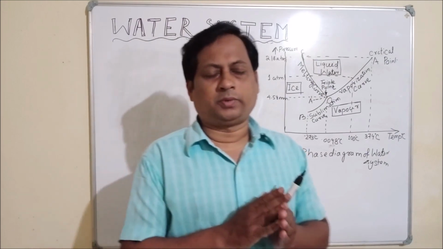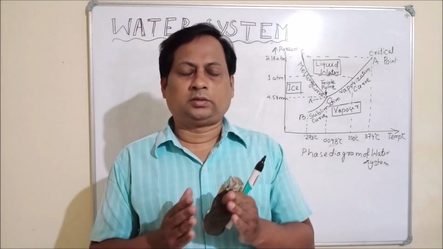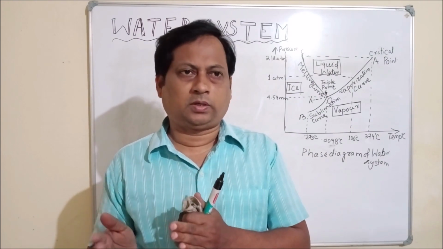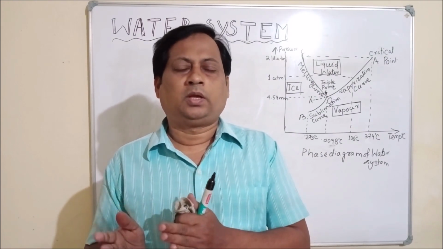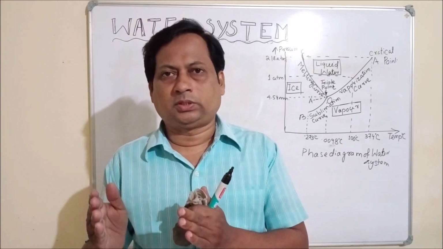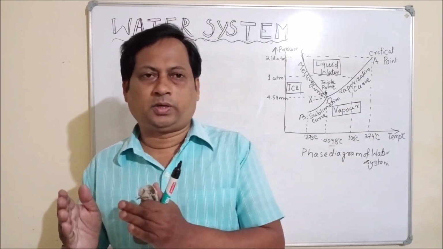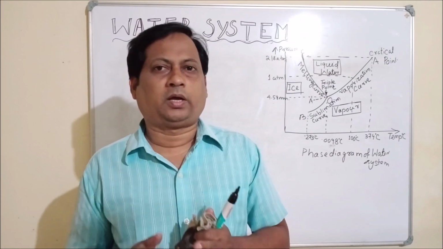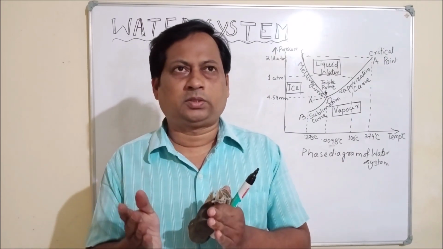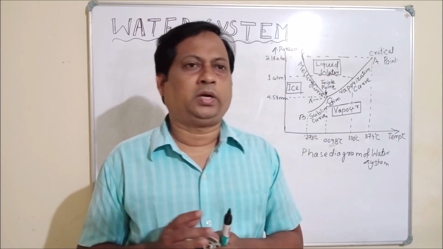Similarly, other examples of a one component system are sulfur, and for a bicomponent system, cadmium bismuth is another example. So the system may be a one component system or a bicomponent system.